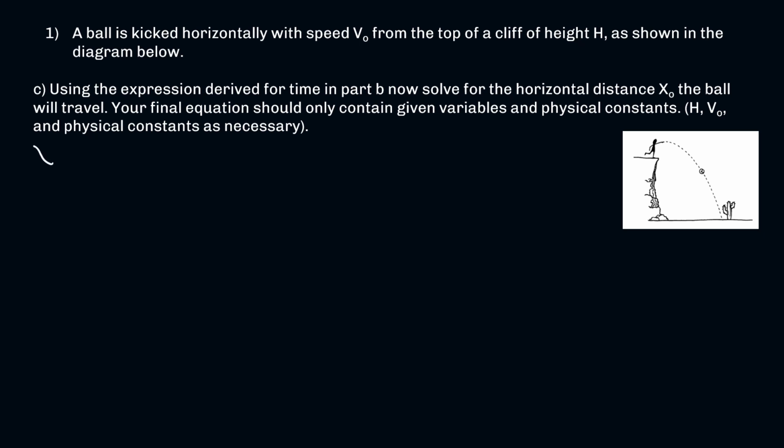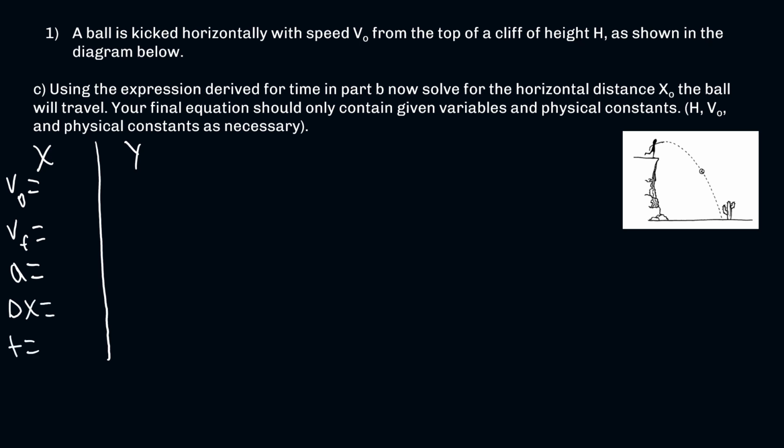The x direction is the horizontal direction, and the y direction is the vertical. So we have here v naught equals, vf equals, acceleration equals, delta x equals, and time equals, on both sides, for both directions.